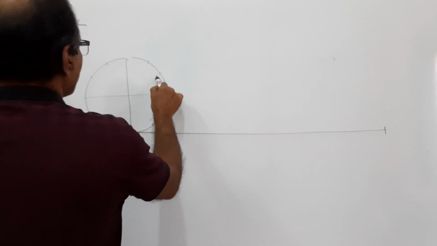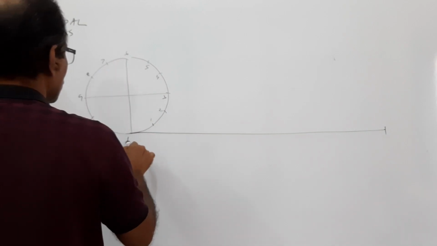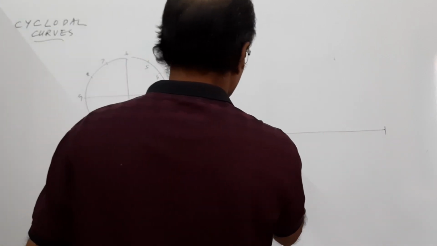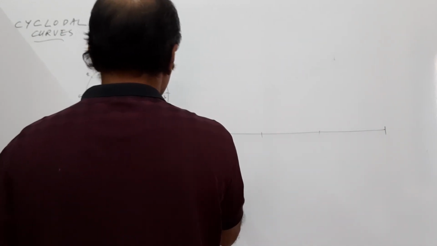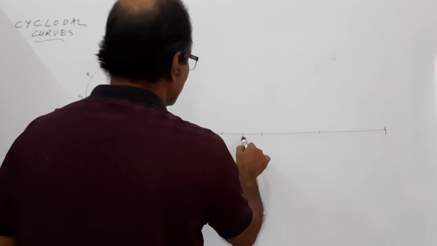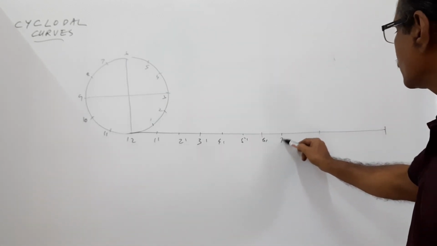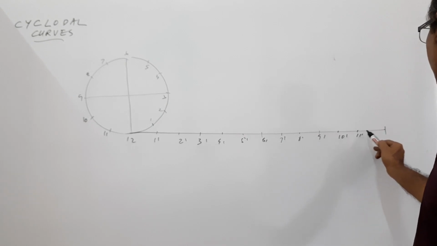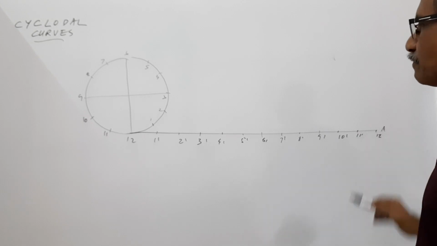1, 2, 3, 4, 5, 6, 7, 8, 9, 10, 11, 12. 1 dash, 2 dash, 3 dash, 4 dash, 5 dash, 6 dash, 7 dash, 8 dash, 9 dash, 10 dash, 11 dash, 12 dash. Length PA.